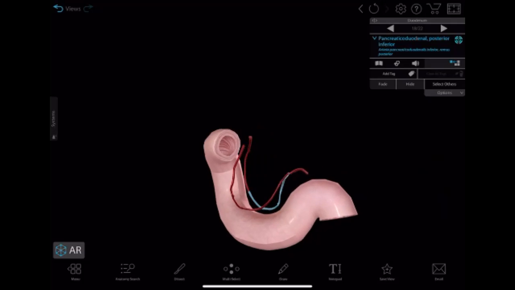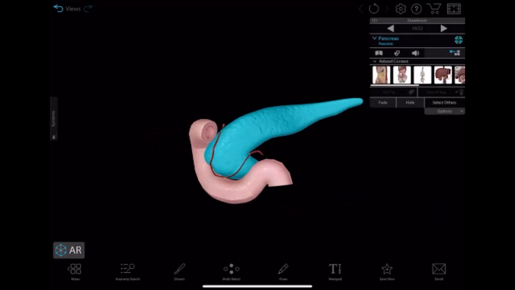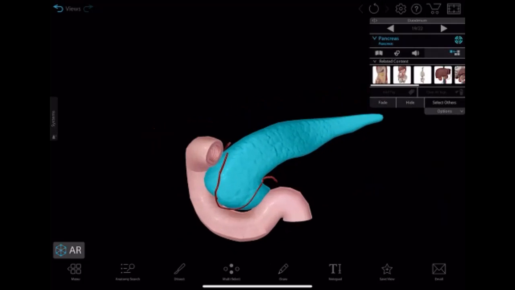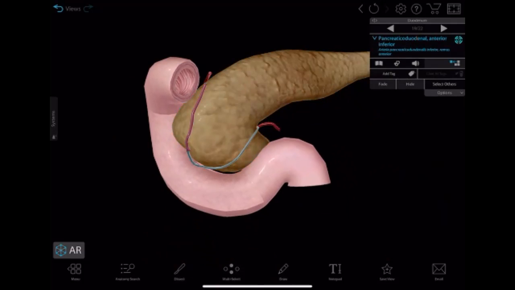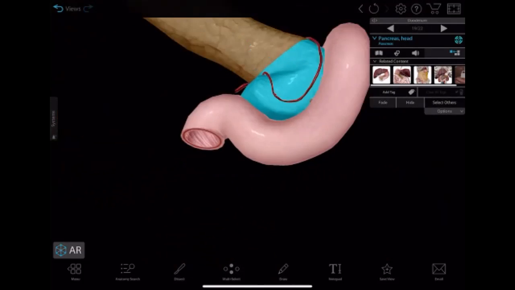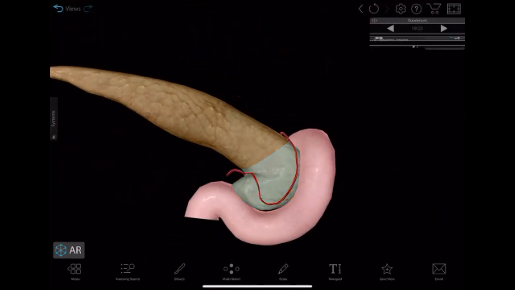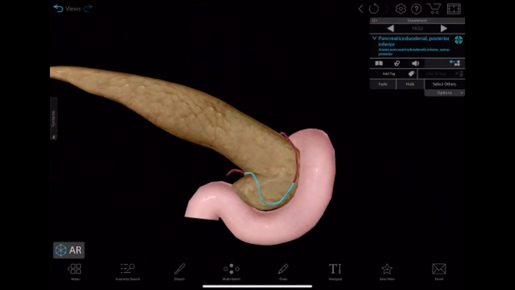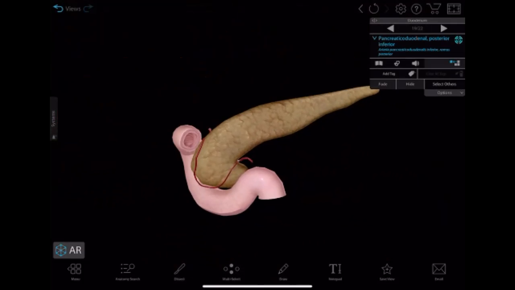So what happens? Between these arcades lies the head of the pancreas. It's very clear now, right? This is the anterior superior and anterior inferior. This is the head of the pancreas, and if you see posteriorly, this is the posterior superior and posterior inferior pancreatico-duodenal arteries.